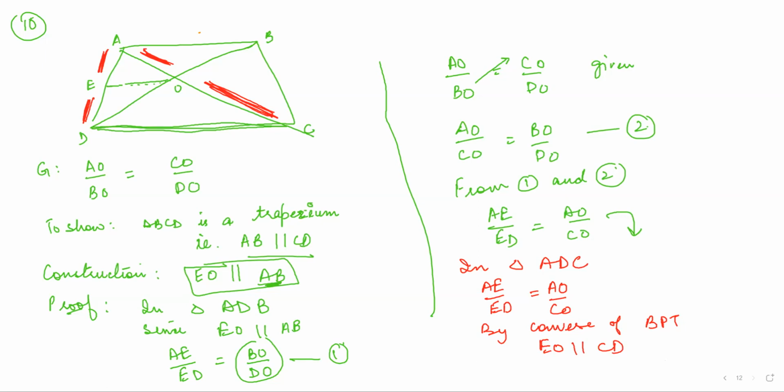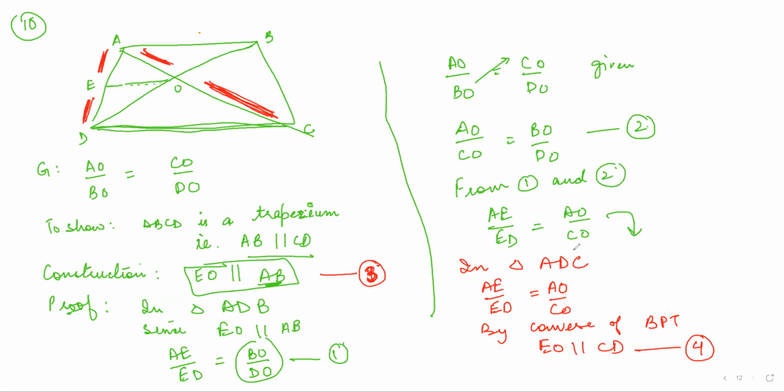Now use these two results. One is this by construction, and sorry, 1 not 3, and this is 4. You can give any name. It doesn't matter that you gave 3 in the start. It's just a name of the equation, not a serial number.